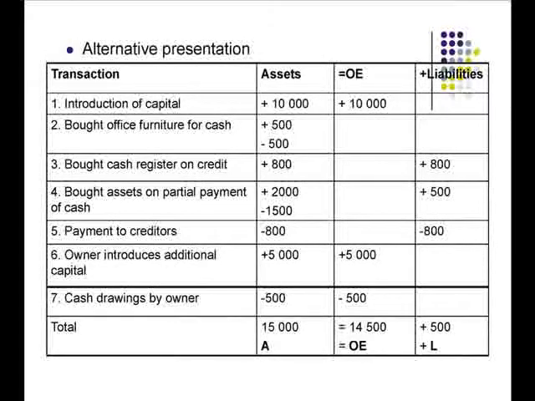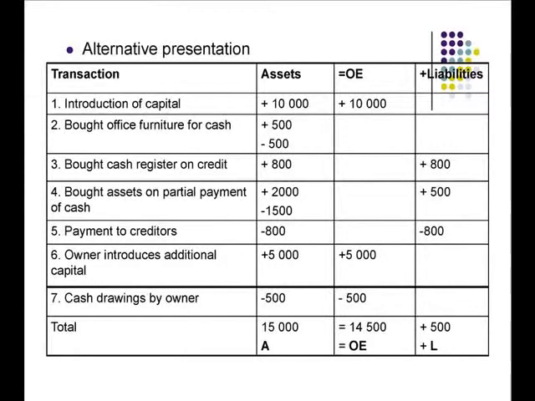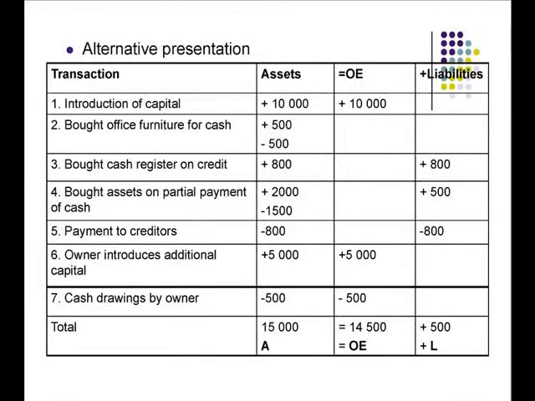So net increase in asset is 500, increase in liability 500, both equal. Payment to creditors affects both sides of the equation to reduce the assets as well as the liability. Owner introduces capital, similar to first one. Then move on, the last transaction here. Owner's equity reduced by 500, assets reduced by 500. That means both sides minus.